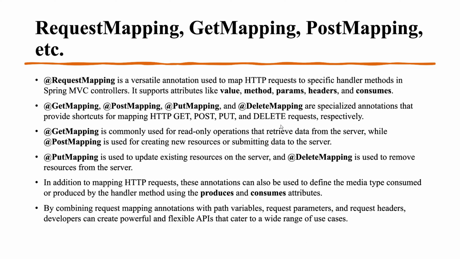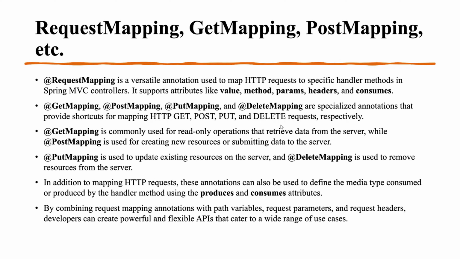In addition to mapping HTTP requests, this annotation can also be used to define the media type consumed or produced by the handler method using the produces and consumes attributes. By combining the request mapping annotation with path variables, request parameters, and request headers, developers can create powerful and flexible APIs that cater to a wide range of use cases.